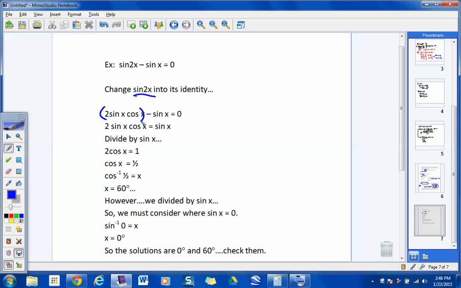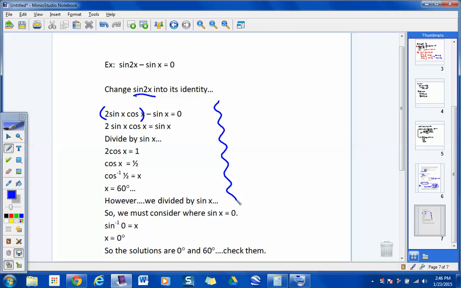Oh, I don't like this. Can I do this differently? Can I write a different version on the other side? Here's my suggestion.